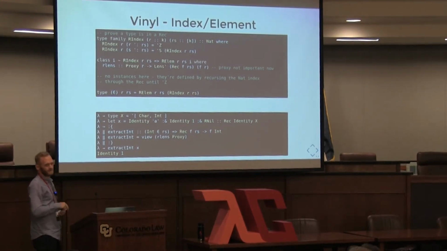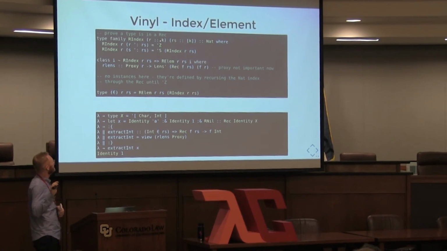The naturals here are defined, nat with the two constructors Z and S, where Z is just wrapped around S a bunch of times. So the index of R in the fields of R cons on to RS is 0.